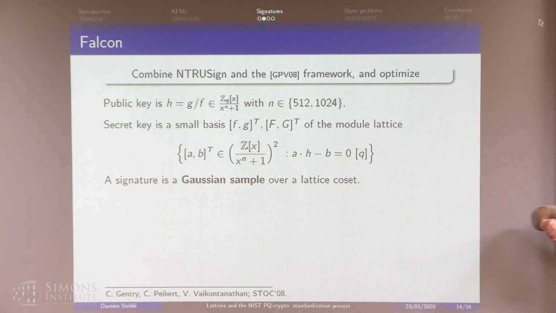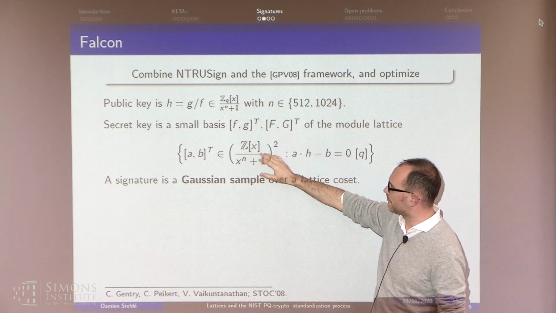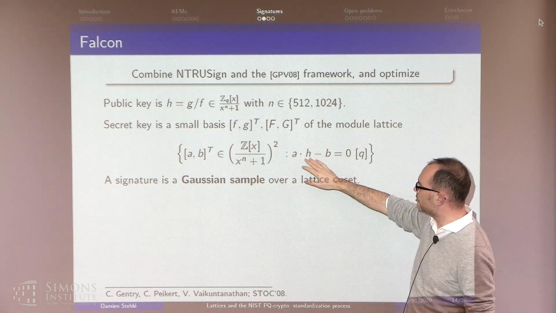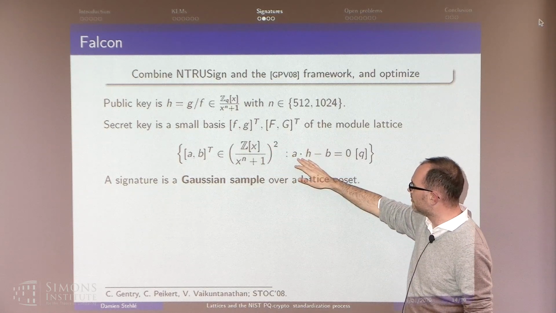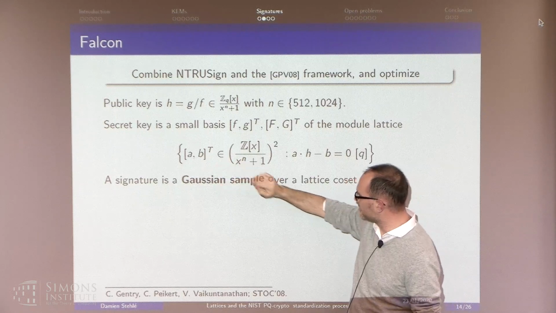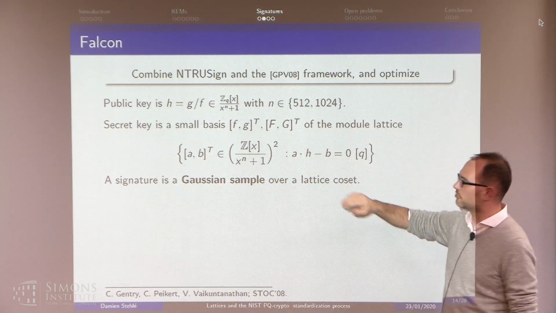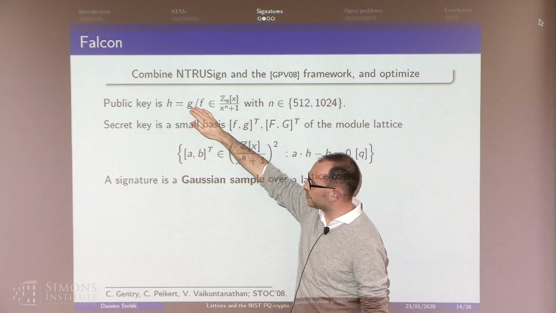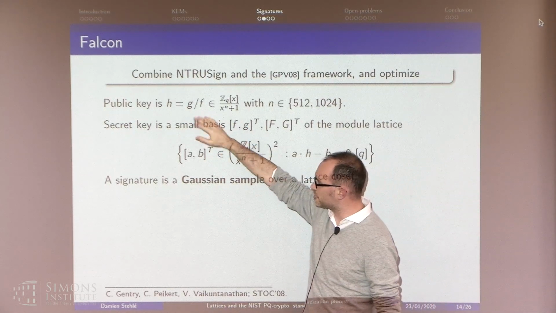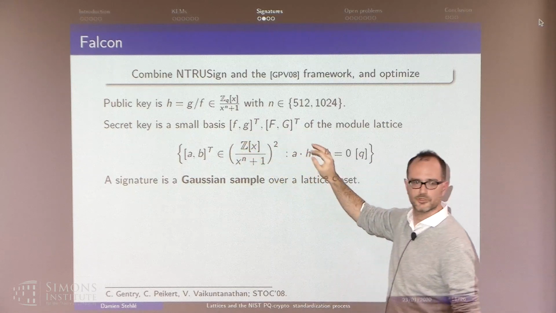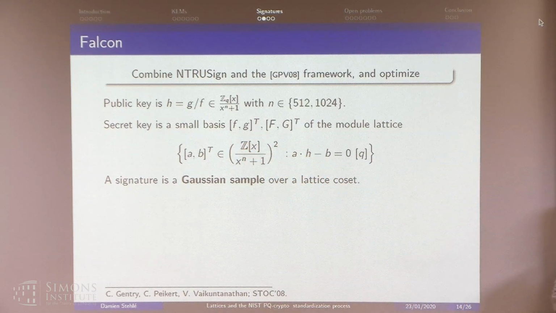Then the secret key is a small basis of some lattice related to h. You look at the lattice of pairs of polynomials such that a times h minus b is zero mod q. You already have one solution thanks to your public key generation, and you can build a second solution, and hopefully that gives you the full basis.